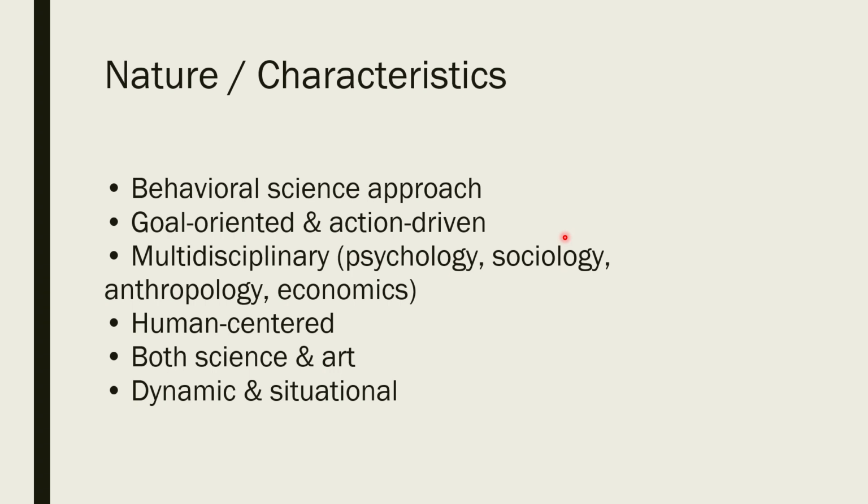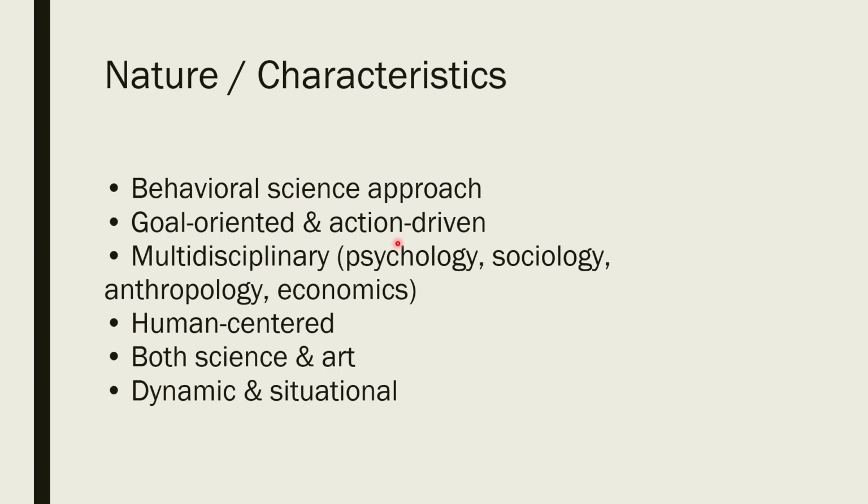Individuals adapt themselves towards the environment. It is goal oriented because the ultimate aim is to improve the organizational effectiveness, right? So in whatever way an individual is behaving, we say that it is always goal oriented and action driven.